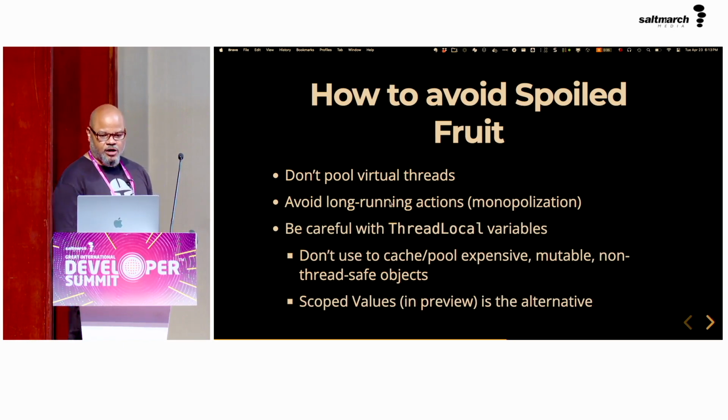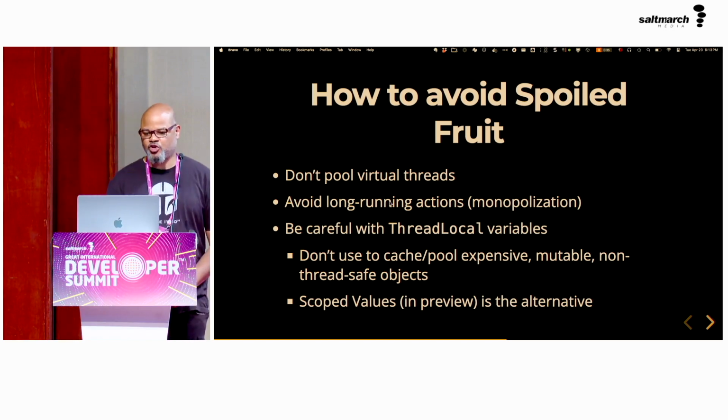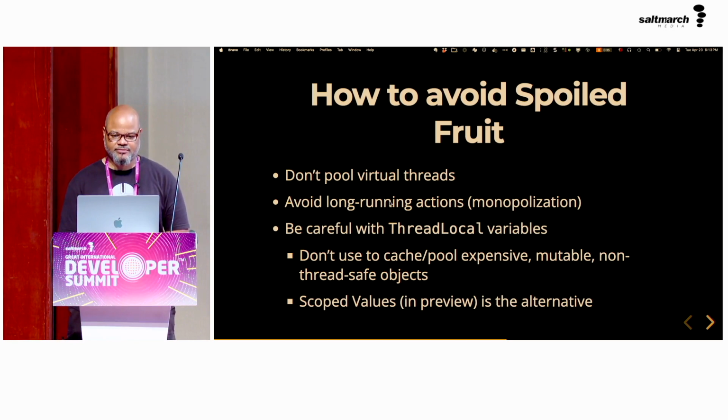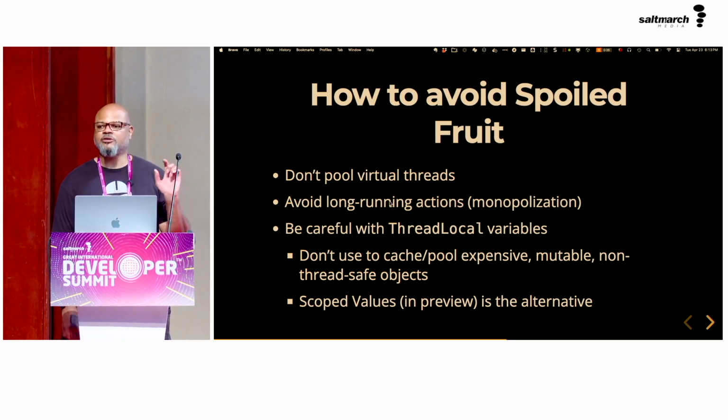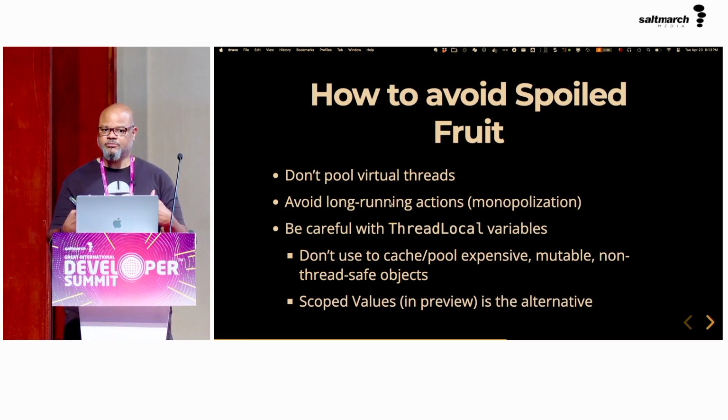The other issue is thread local variables. You can't use them to cache or pool expensive, mutable, non-thread-safe objects. There are different ways to use them. You can use a thread local for a single variable just fine. But if you're trying to use it as a pool to cache objects, that won't work, because the thread local will belong to that one virtual thread.